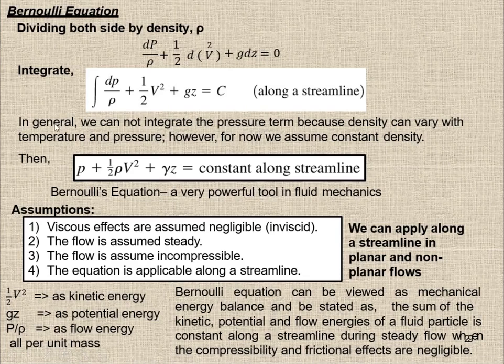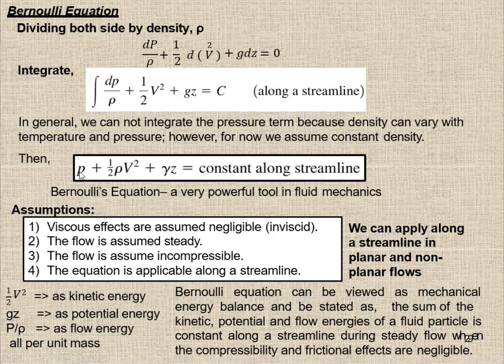In general we cannot integrate the pressure term because the density can vary with temperature and pressure. However, for now we assume constant density. In that case, the density will come outside, and the d will cancel out with the integral, and it will become P over rho.